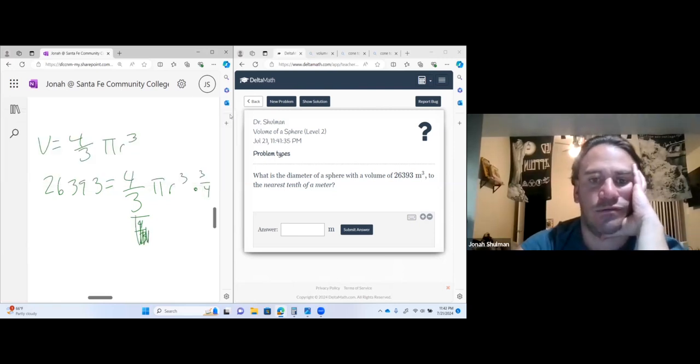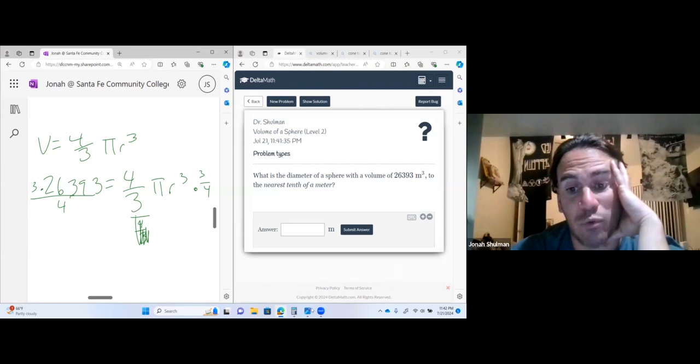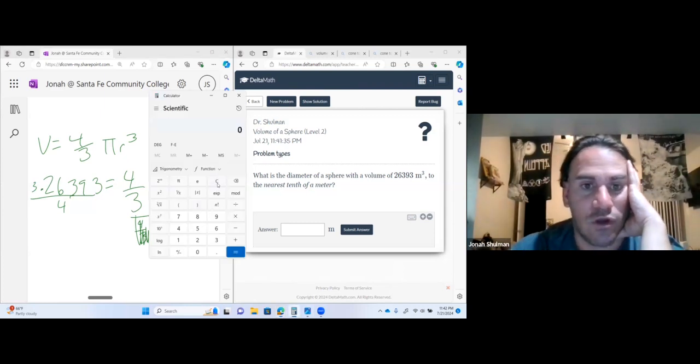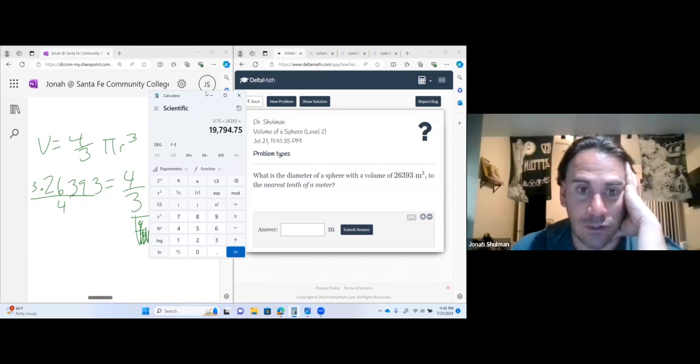So we're going to multiply this by 3 and divide it by 4. That's our first step. Or you can just multiply it by 0.75 if you want. If you hate fractions, literally just do 3 divided by 4. Work with 0.75 instead. Multiply that by 26393. And now we have no more 4/3 to deal with.